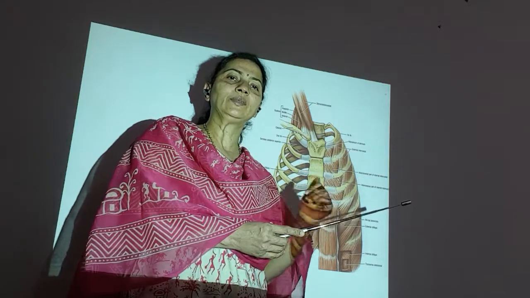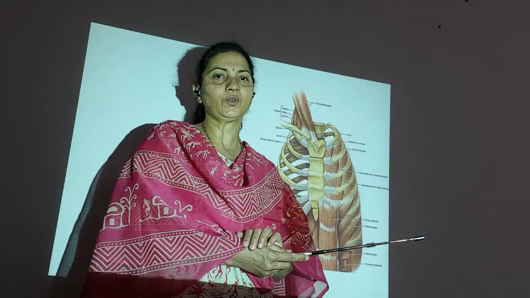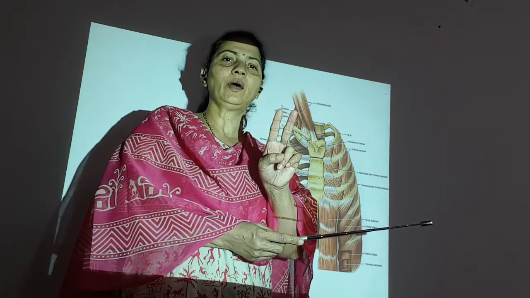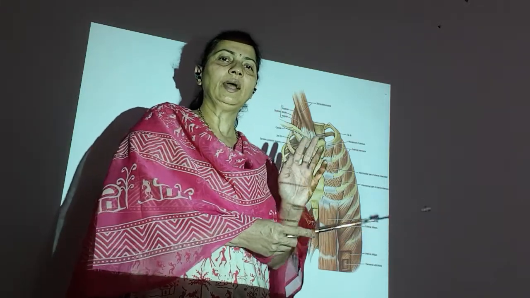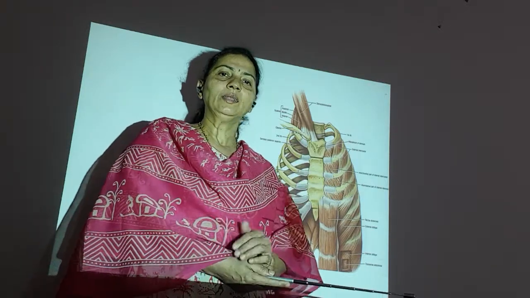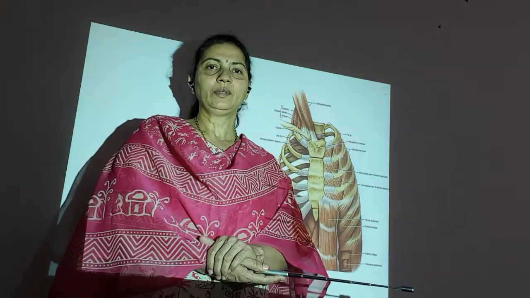The inner layer is called innermost intercostal muscle. So both the two layers are the layers of the same muscle, and that is the internal intercostal muscle.